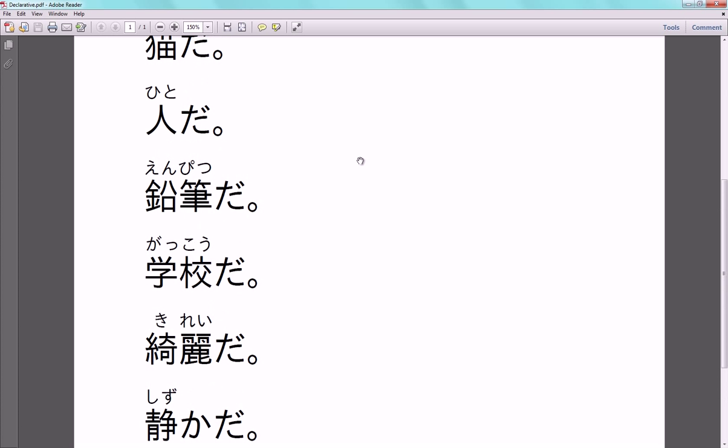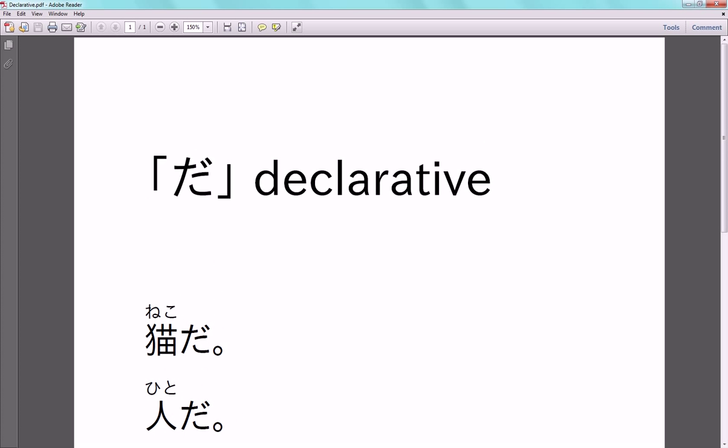So that's the da particle, the declarative, and it's very important to know this. This is not what you usually learn when you first learn Japanese from textbooks, because the da declarative is not very polite per se.